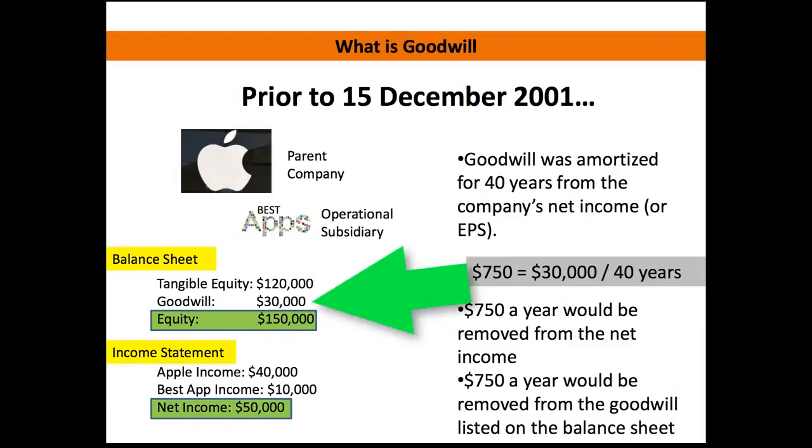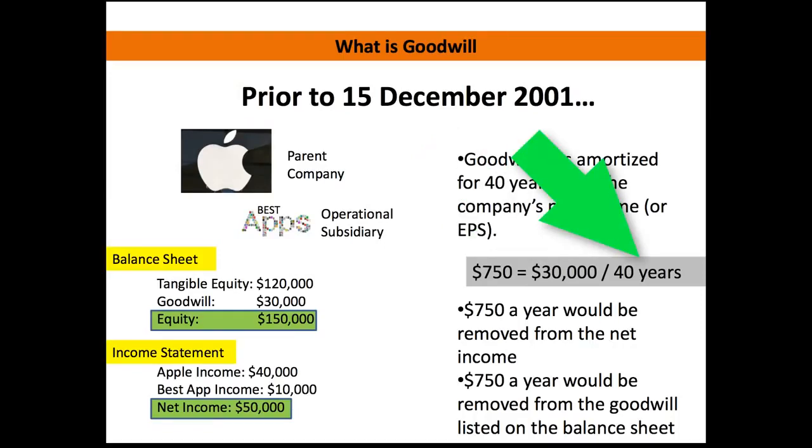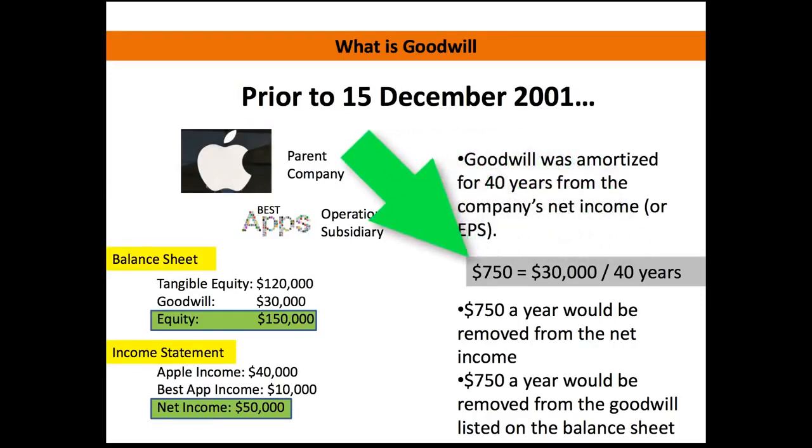So before 2001, the accounting rules were that a company would have to amortize that goodwill over a 40-year period in order to make that goodwill a tangible asset. So you'd have to turn that into cash over a 40-year period. And how they did that is you would take your $30,000 of goodwill, we divide that by 40 years to come up with a $750 payment.